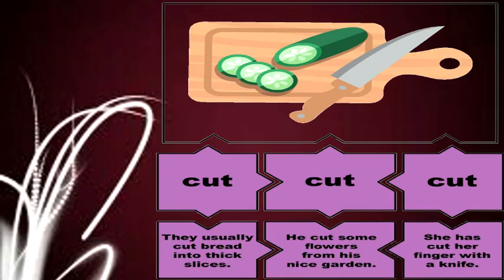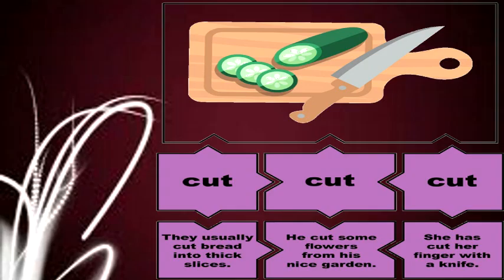The next sentence we have, he cut some flowers from his nice garden. This is a simple past tense kind of sentence, in which the verb in the past tense is cut.